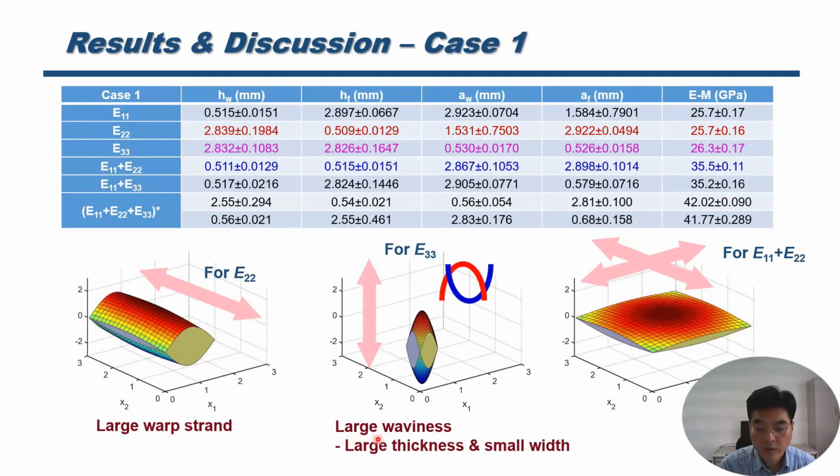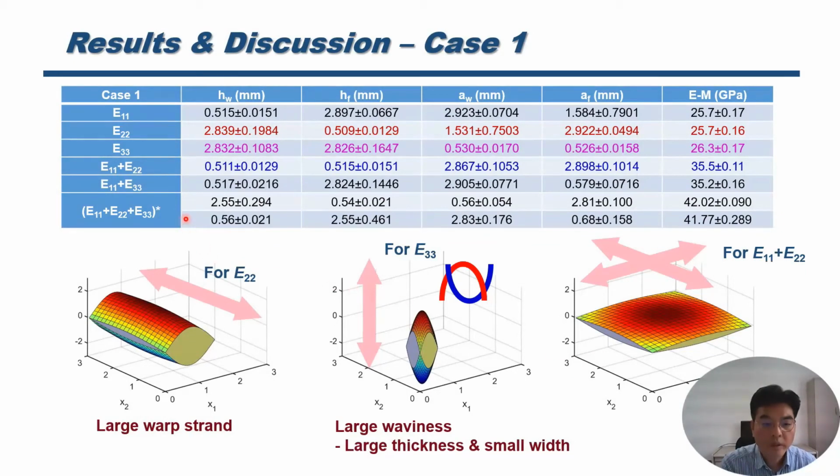To obtain large waviness, you better have a large thickness and a small width. For E11 and E22 case, the optimized structure will be like some kind of flat.